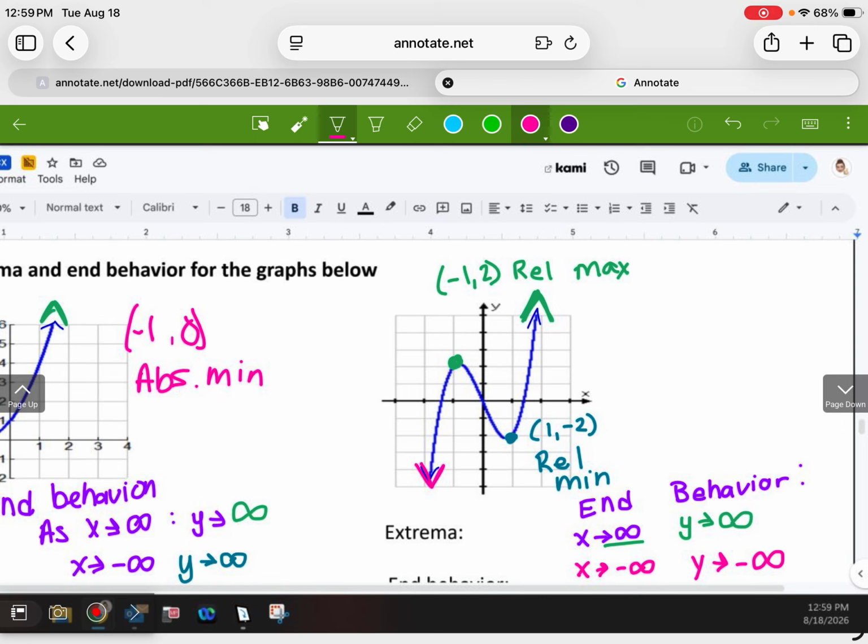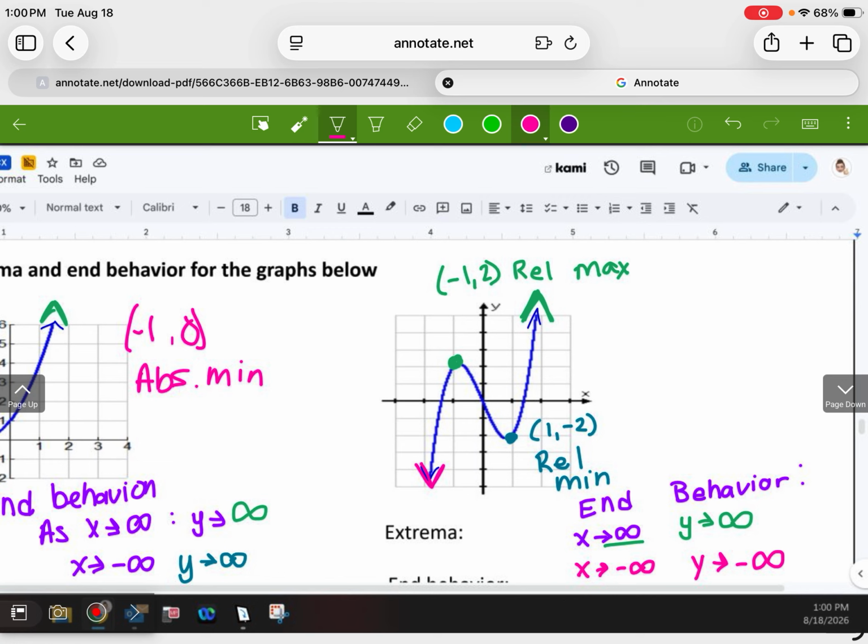Okay, questions on these two? Because we did a lot of pieces here. We have found a lot of things and described a lot of stuff on graphs. We've been looking at graphs and taking information off of them. In this next section of the notes, we're going to take all that information we've collected and try to make a picture from it.